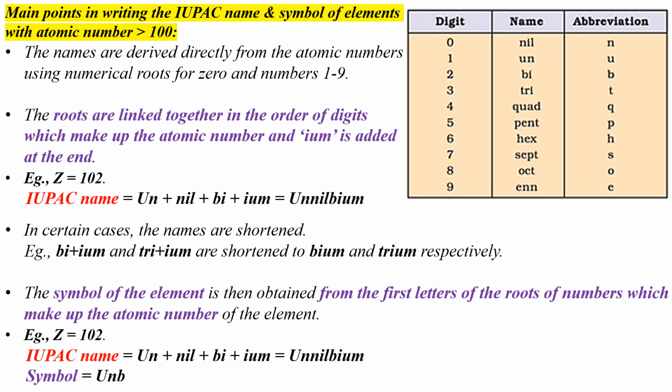The first letter of the root un of the number 1 is U. The first letter of the root nil of the number 0 is N. The first letter of the root bi of the number 2 is B. So on linking, we get UNB as the symbol of the element. Hope you are clear. So this is how we write the symbol of the element with atomic number greater than 100.